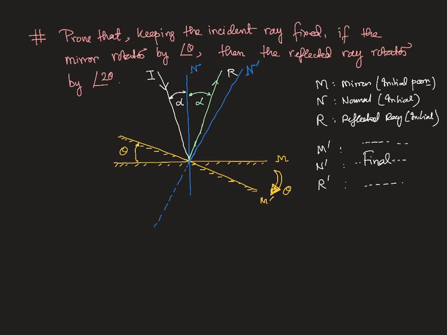Now we will draw the reflected ray. Now the new reflected ray. New reflected ray, this one. This is R dash.